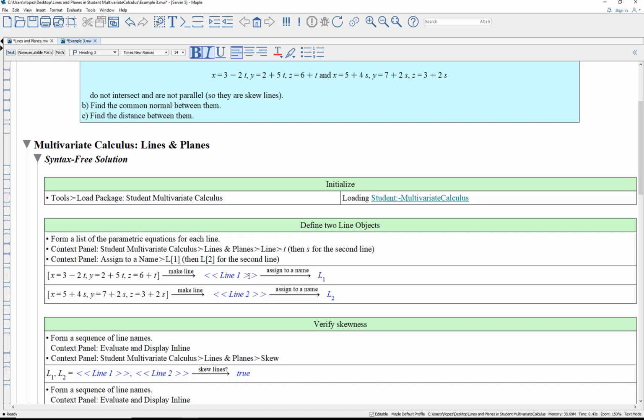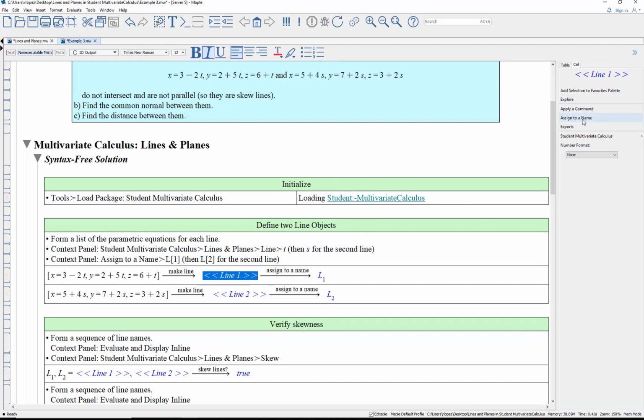So here you would assign to a name and give it the name L1. And here you do the same thing with the second line. Parametric equations make the line.